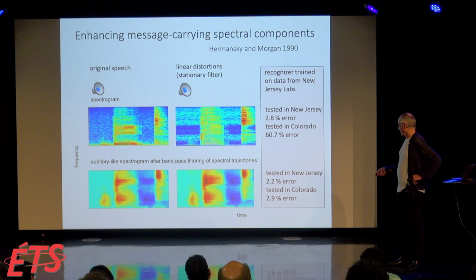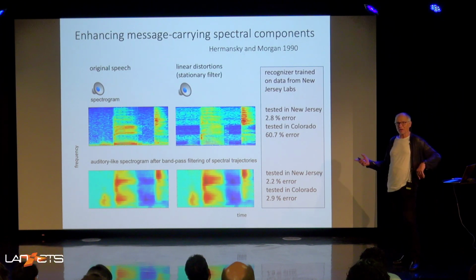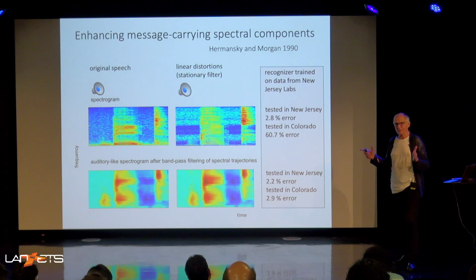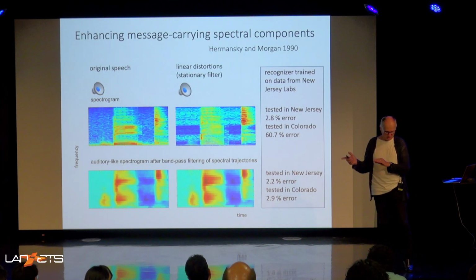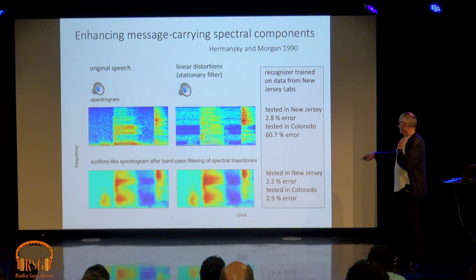However, after doing this processing, suddenly you were getting very similar results, because what happened was that, of course, the difference between two recording environments in New Jersey and Colorado was such that the low frequencies basically were very different.